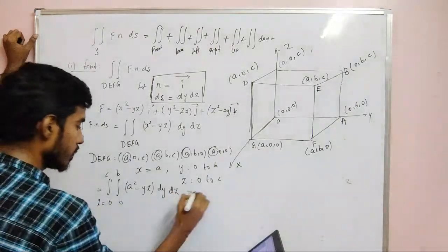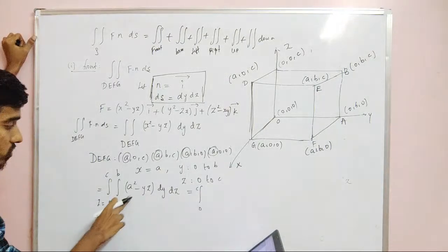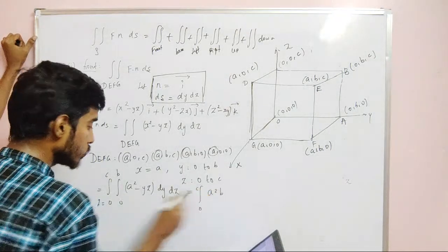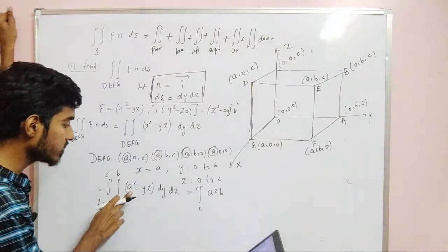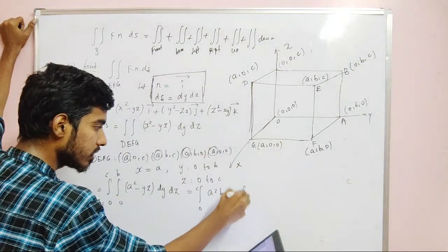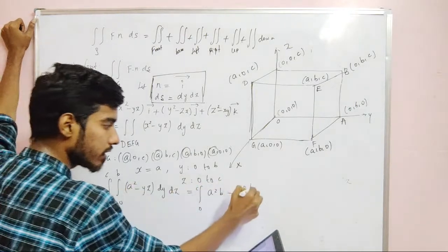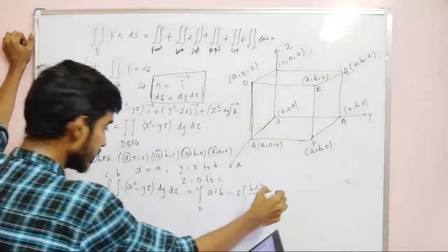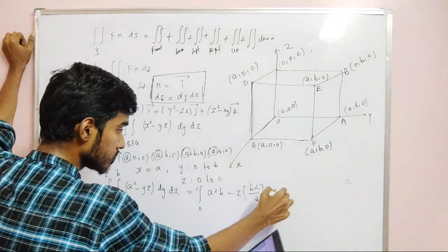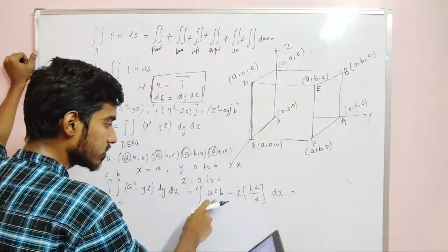So this will be integral 0 to c. Integration with respect to y, so this will be a square b, right. So we have integral dy here. When I substitute upper limit, we will have b, so a square b minus z. The integration of y is y square by 2, and when I substitute limit, we have b square by 2 into dz. And you can see there is no z term.